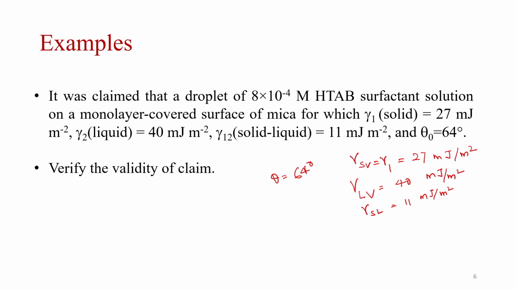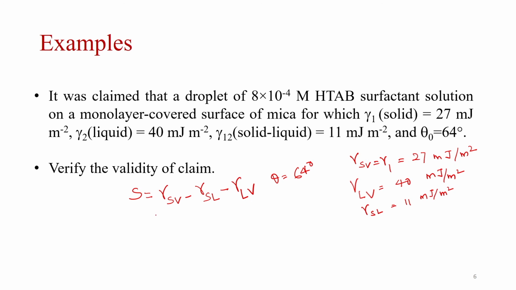the first thing we will see is whether there will be spreading or not. If you want to calculate the spreading, you have to calculate the value of S, and the value of S is gamma SV minus gamma SL minus gamma LV.